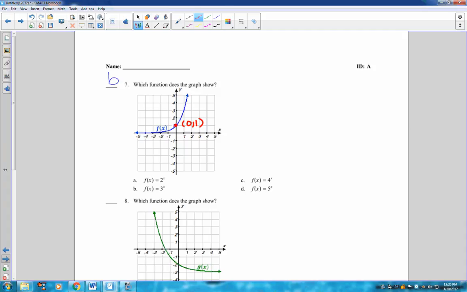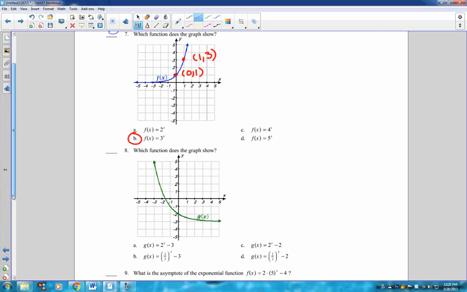For all of these, when I put in a 0, for example 3 to the 0, I get out a 1. So all of them have that point (0, 1) in common. So we need to pick another point. Another point on the graph would be right here at (1, 3). So which of those can I put in a 1 and get out a 3? B.